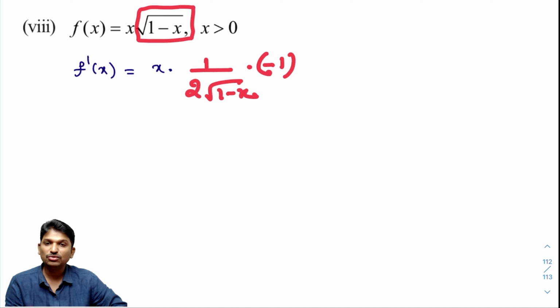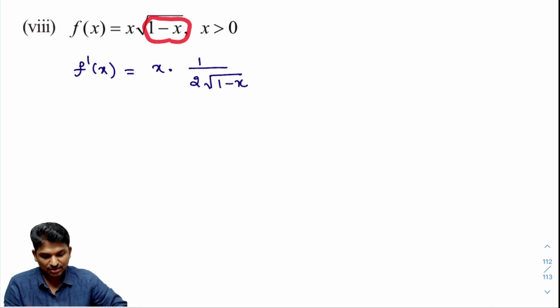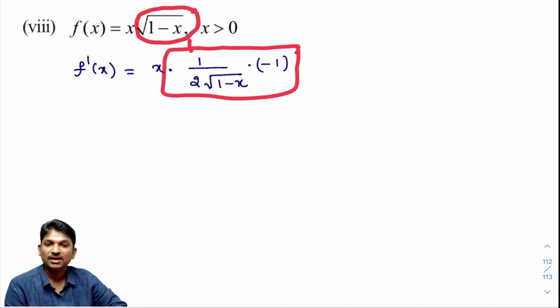You know how to differentiate using the chain rule. We are in applications of derivatives, I cannot explain all these things here, right? The derivative of root x is 1 divided by 2 root x, so that is 1 divided by 2 root over 1 minus x into minus 1. So whatever I have written here is the derivative of root over 1 minus x.